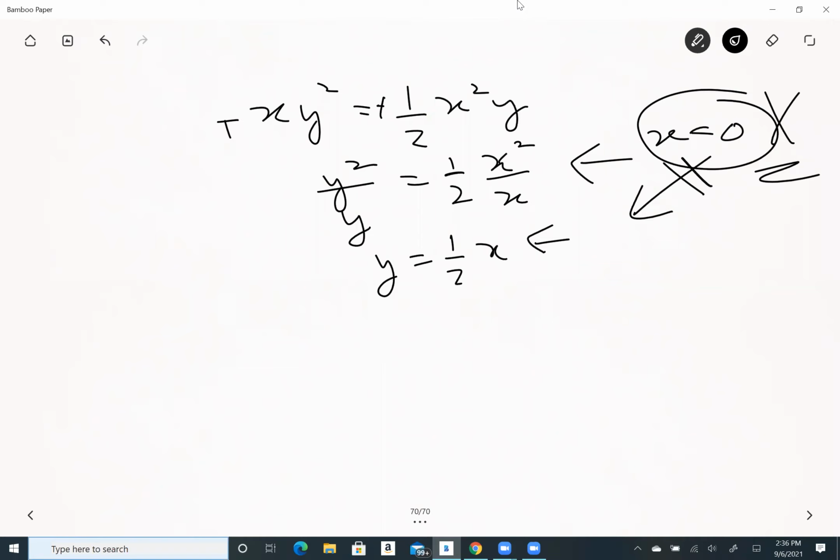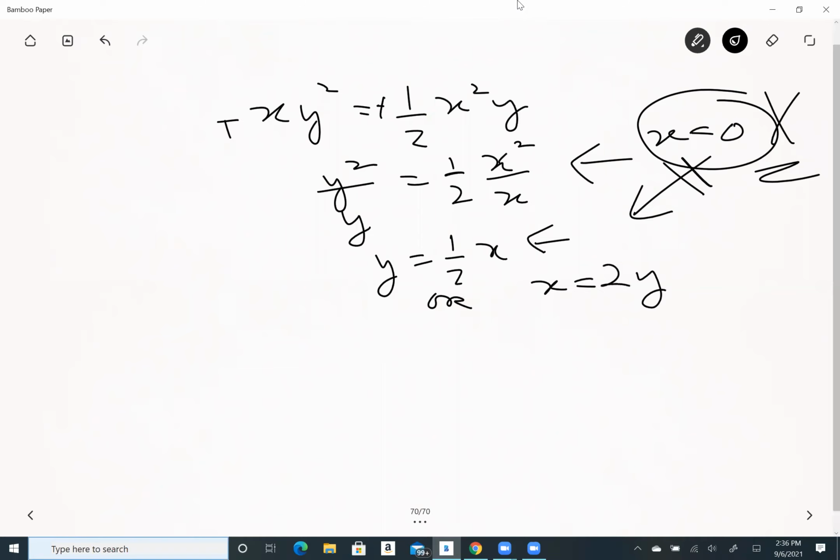Okay, all right. So you got y equal to half x, and then you substitute into number 3. Or, okay, from here you can do also x equal to 2y. So you can use this one or that one. It doesn't matter. It's up to you.